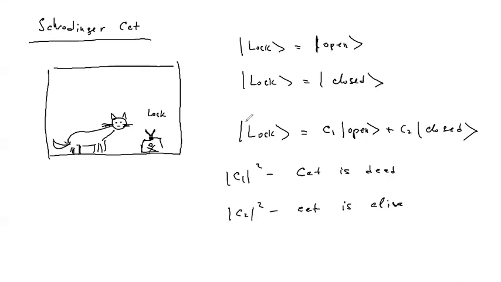But if you have a superposition, then it happens at the same time. Your cat should be dead and alive at the same time, because before you open the box and before you see the cat, you have a chance to get any of these results with different probabilities.